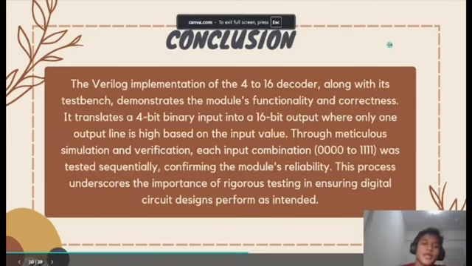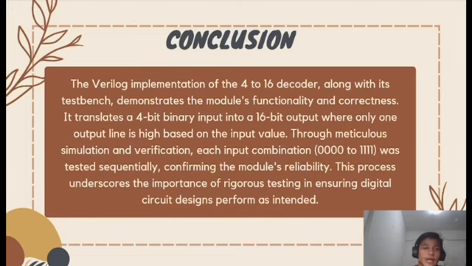For the conclusion of number 1, the Verilog implementation of the 4 to 16 decoder along with its dashboard demonstrates the module's functionality and correctness. It translates a 4-bit binary input into a 16-bit output where only one output line is high based on the input value.